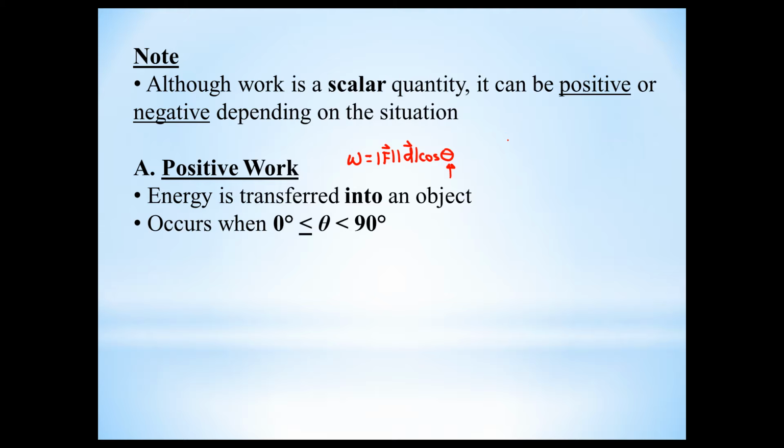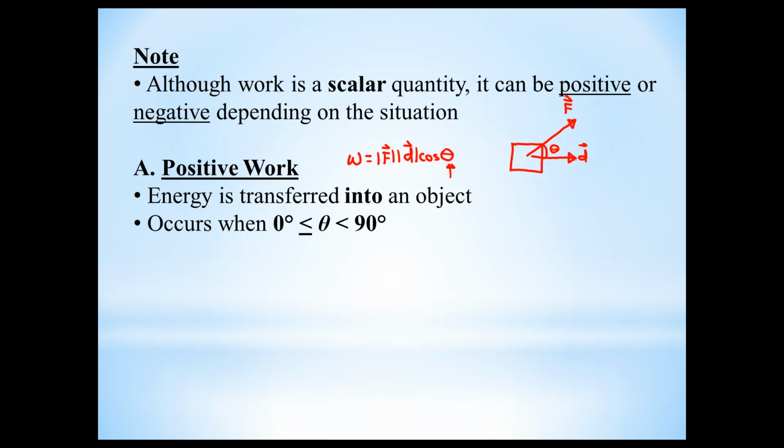Let's quickly draw this picture again. Going back to my illustration where I'm applying a force, here's my displacement vector, and theta is this angle. We use the displacement vector as the reference.